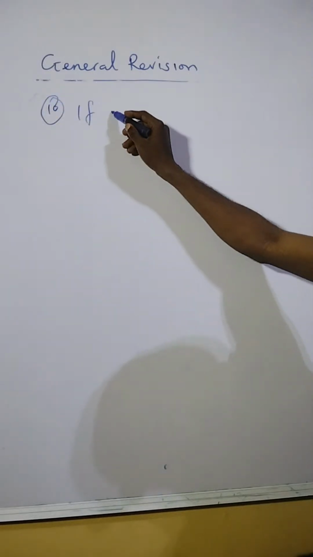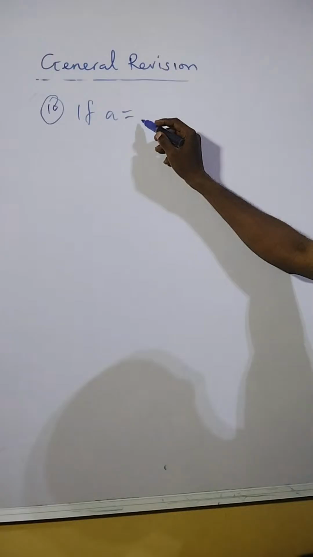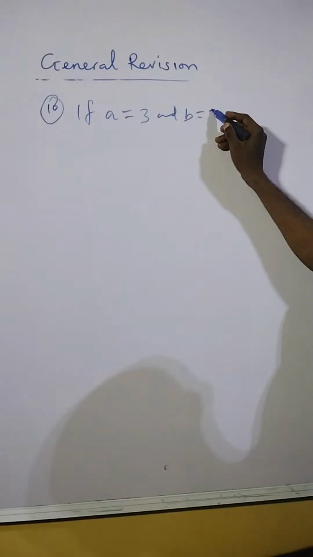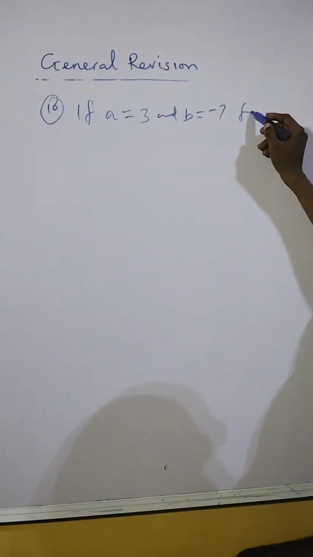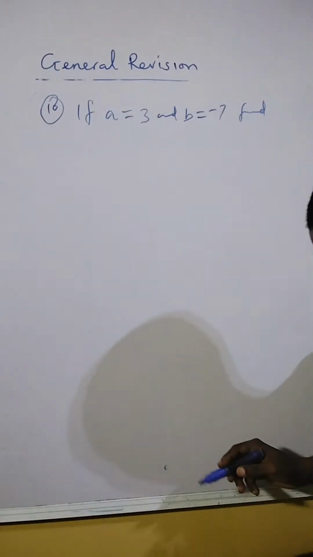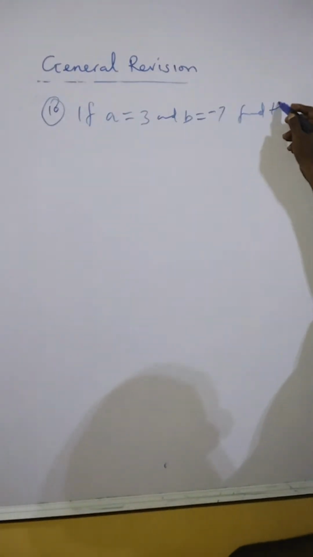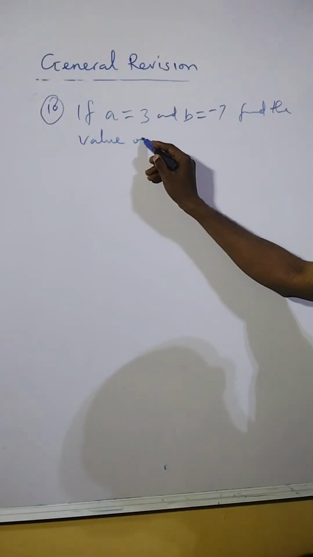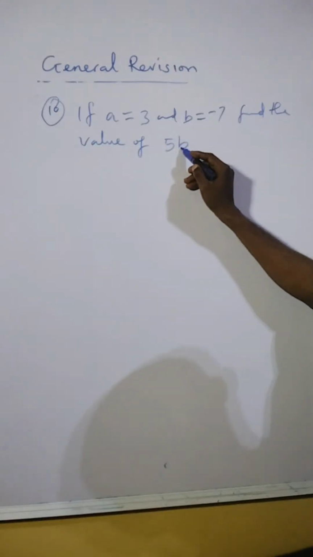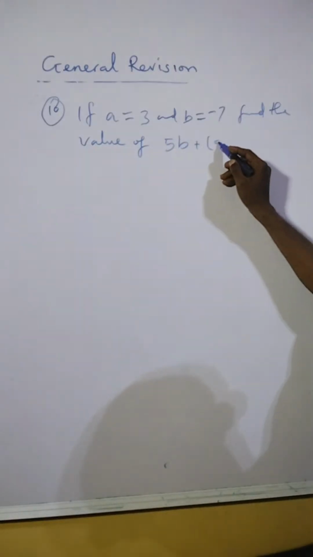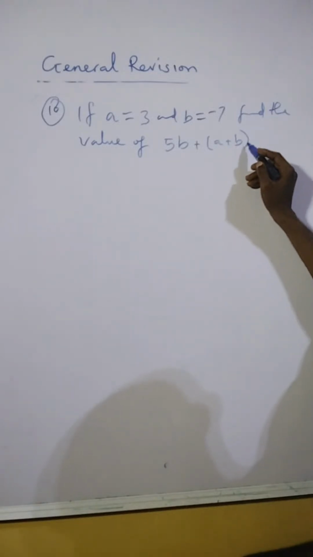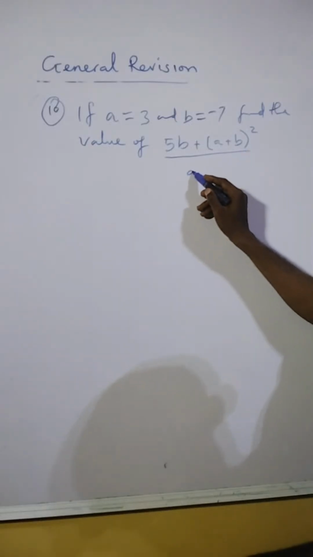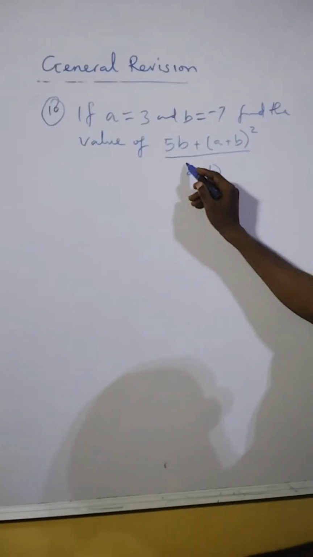If a is equal to 3 and b is equal to minus 7, find the value of 5b plus (a plus b) all squared divided by (a minus b) all squared.